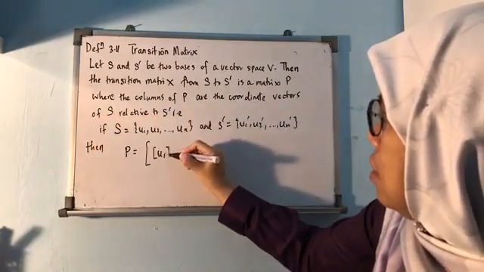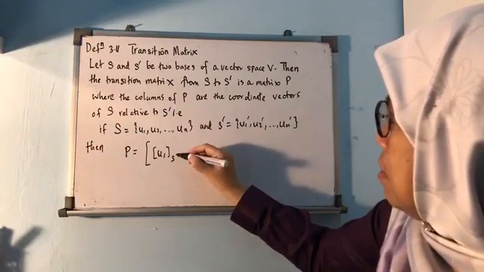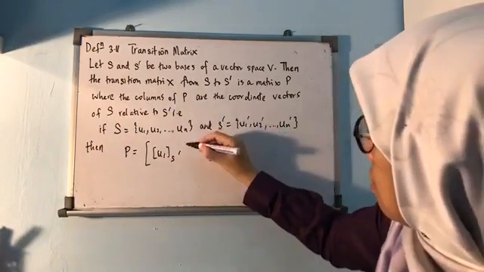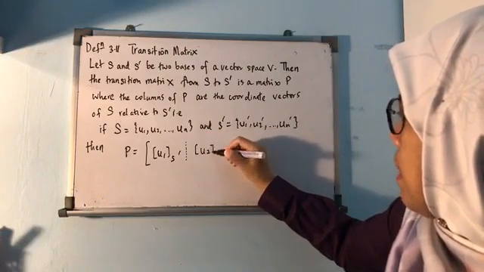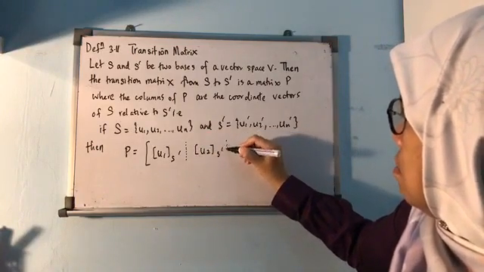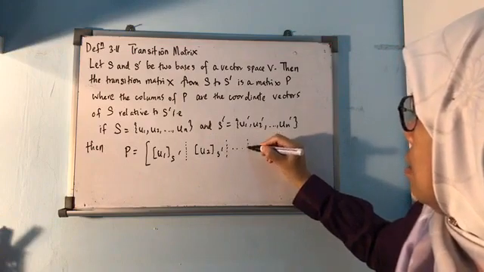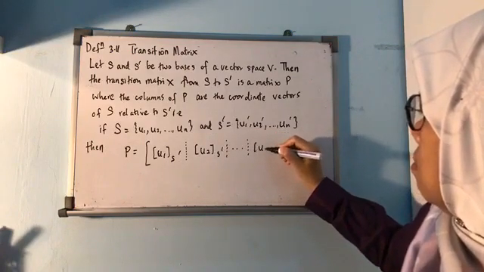So U1 relative to S prime, this is the first column, this is the second column, up until the last column.